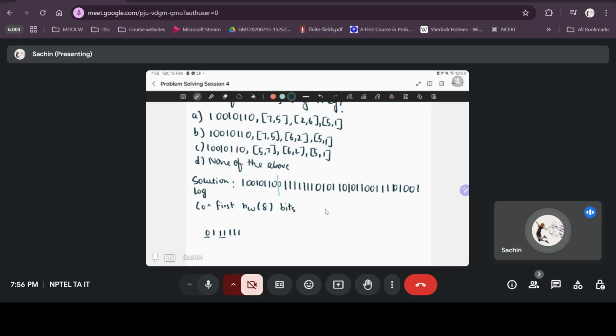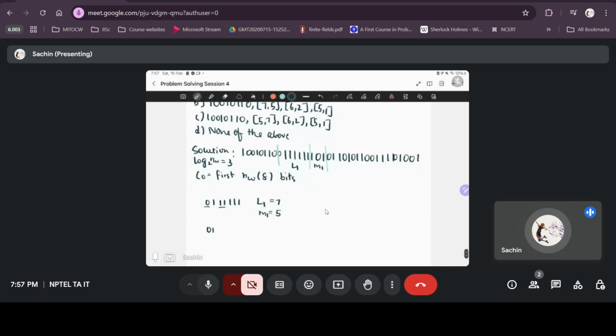And for M we use log of NW base 2, which is 3. So 3 bits for M. That means up to there is L1, this is M1. L1 is 7, M1 is 5.